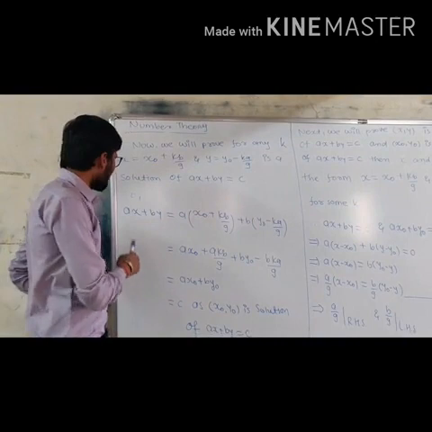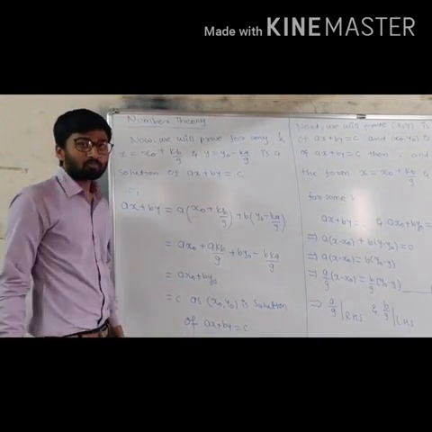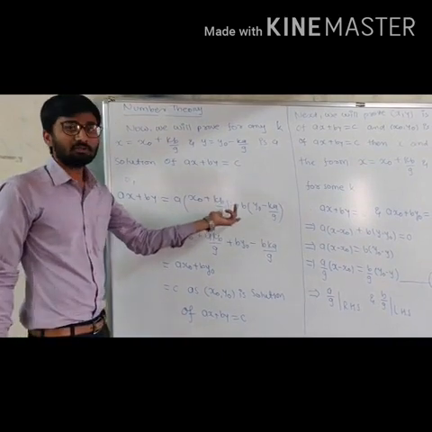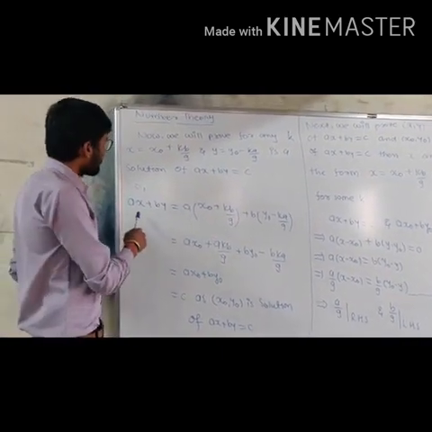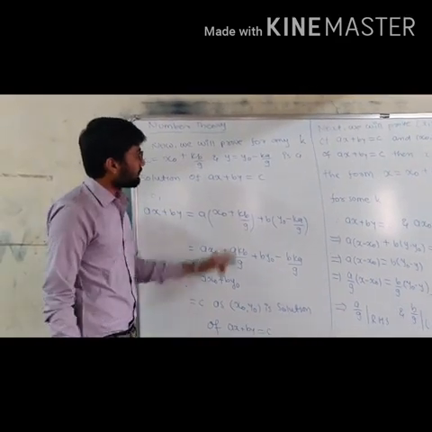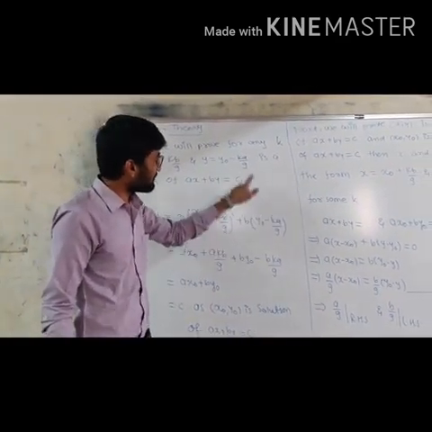Now we will start with ax plus by, and put the value of x and y in this equation. So x equals x0 plus k b by g, and y equals y0 minus k a by g.